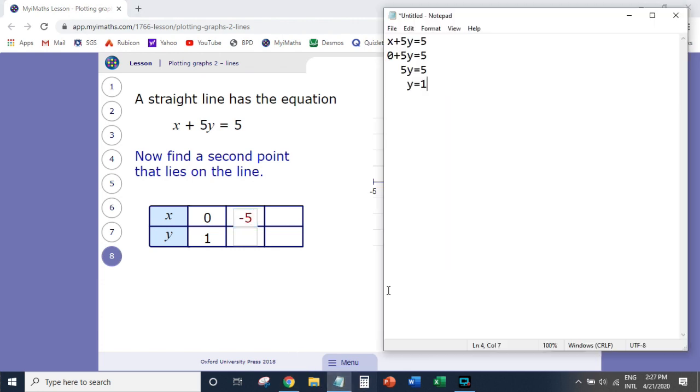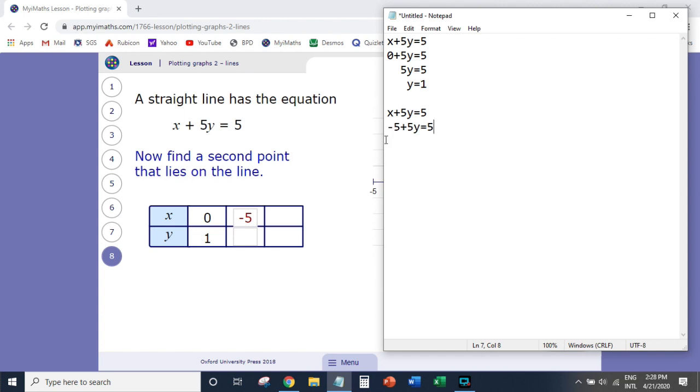So if x is -5, we have again x plus 5y equals 5. And then we change x to -5. I will put -5 there, plus copy 5y equals 5. Now the inverse operation of -5 is +5.